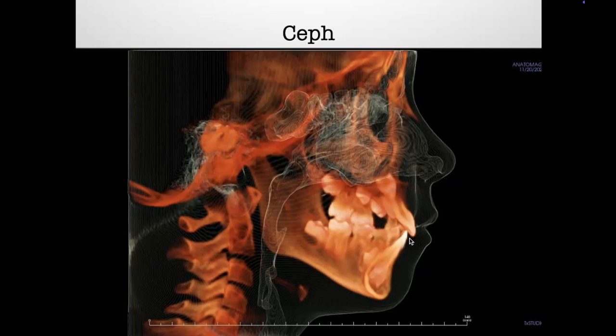All right. Now, when we look at the occlusal plane relative to the skeletal mandibular plane, how would you describe the occlusal plane? Is the occlusal plane more steep relative to the skeletal plane, or is it more flat relative to the skeletal plane?